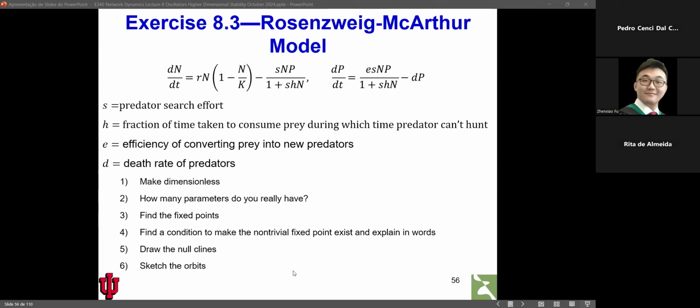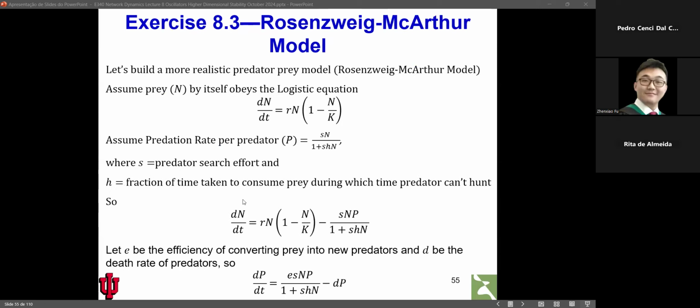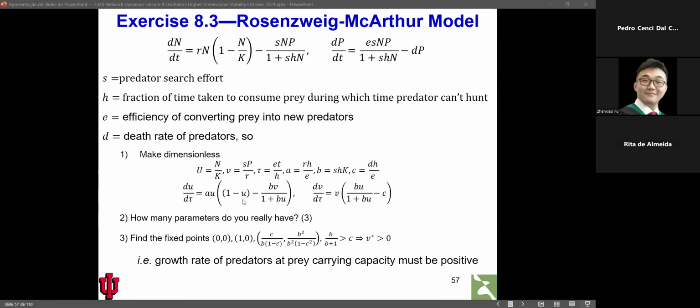Okay, okay. And the dimensionless form is explained in the next one. You see, make it dimensionless, define U and define V. So you rewrite, then you have these equations here.